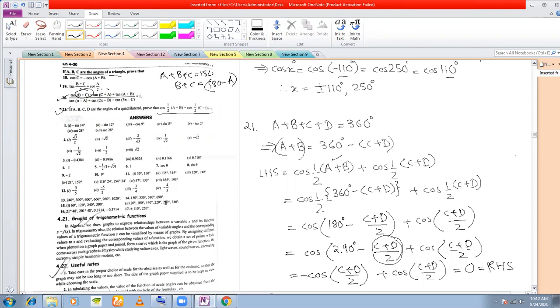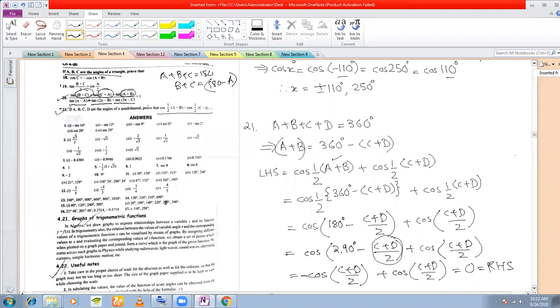Instead of C plus A, you can write 180 minus B. Instead of A plus B, you can write 180 minus C. Then you can write tan pi minus A as minus tan A, tan 2 pi minus B as minus tan B, and tan 3 pi minus C: 3 pi is in which quadrant?